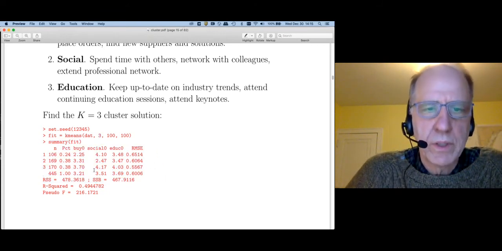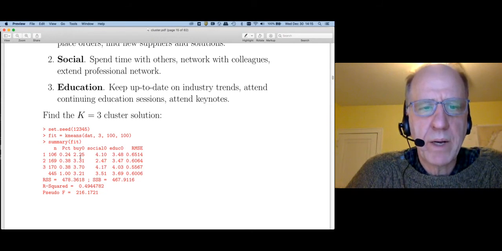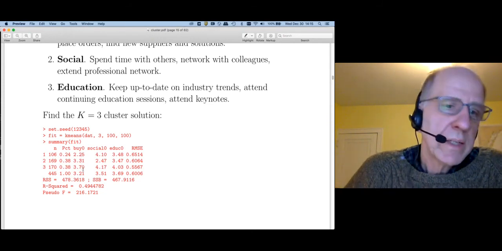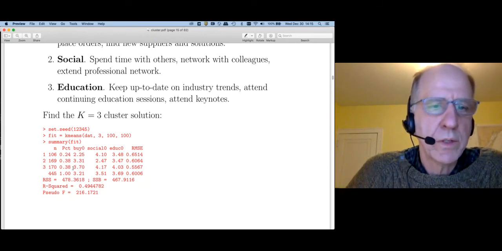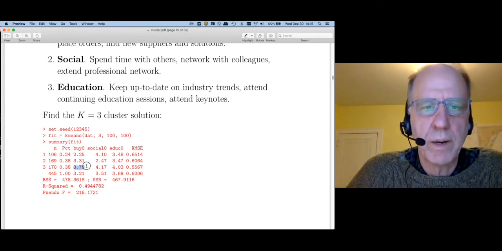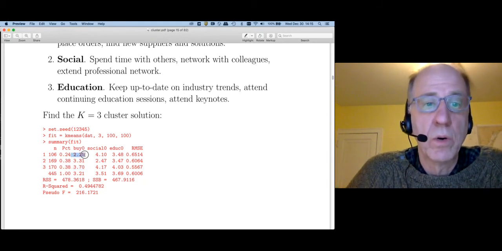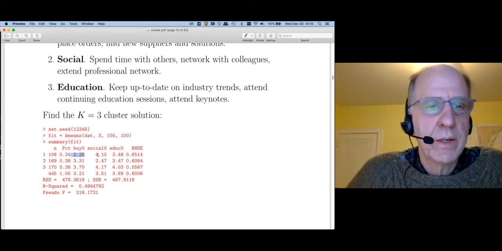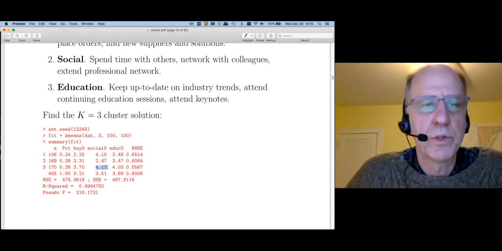When you interpret these, you usually want to compare across the means of a dimension. So what I see here is cluster 3 has the highest mean on buying, whereas cluster 1 is comparatively low on buying. On the other hand, clusters 1 and 3 both have a pretty high mean for social.